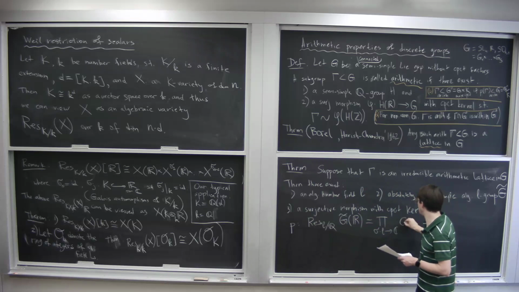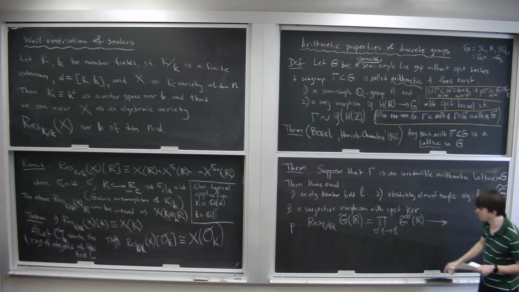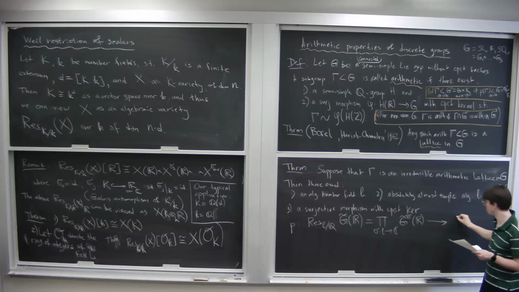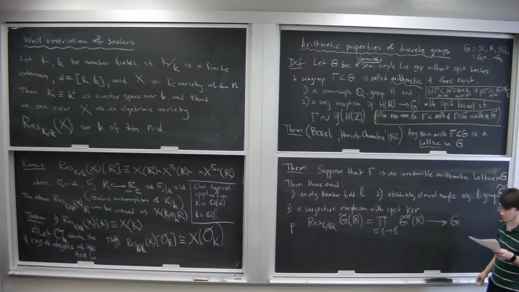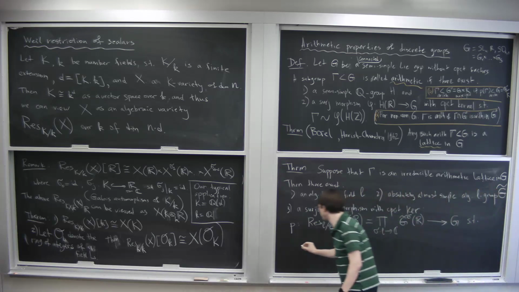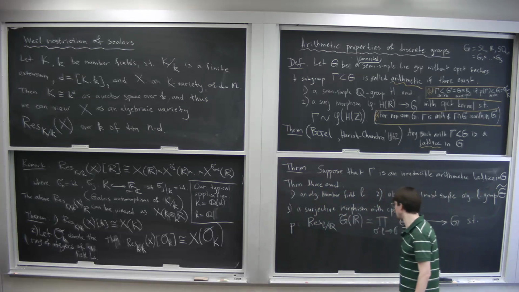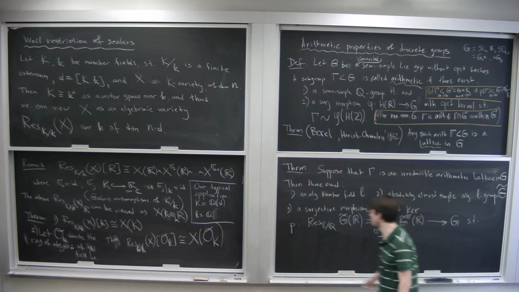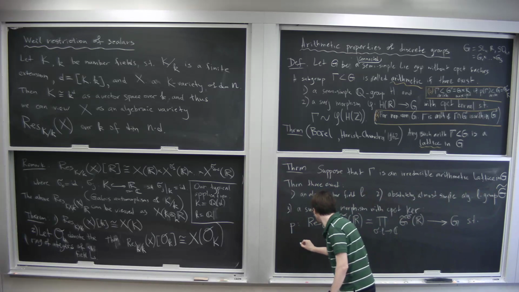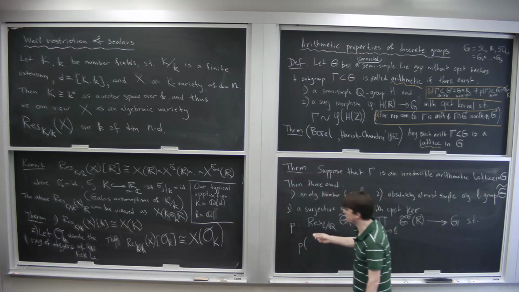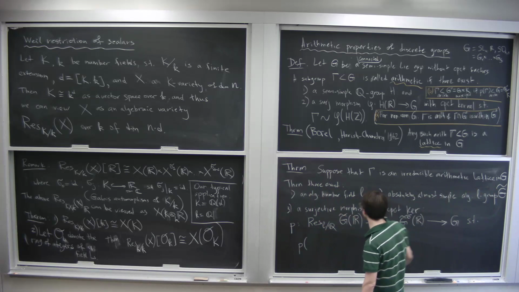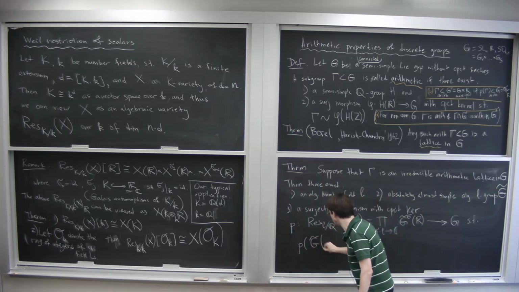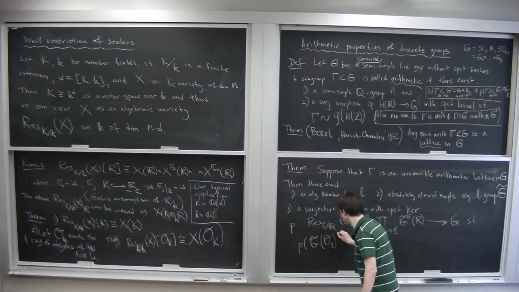And I need to write G tilde sigma of R. And the morphism acts from this product to G, and such that the image of, essentially it's the image of G tilde of O_L, right?